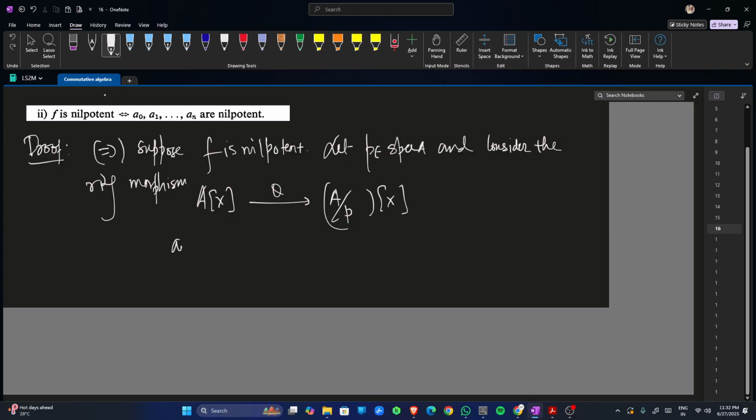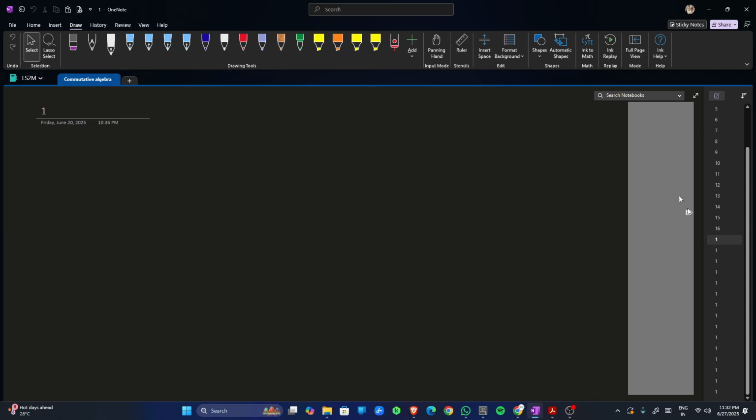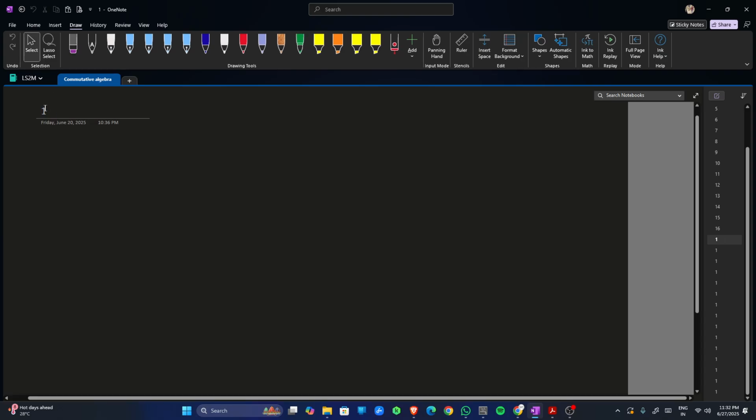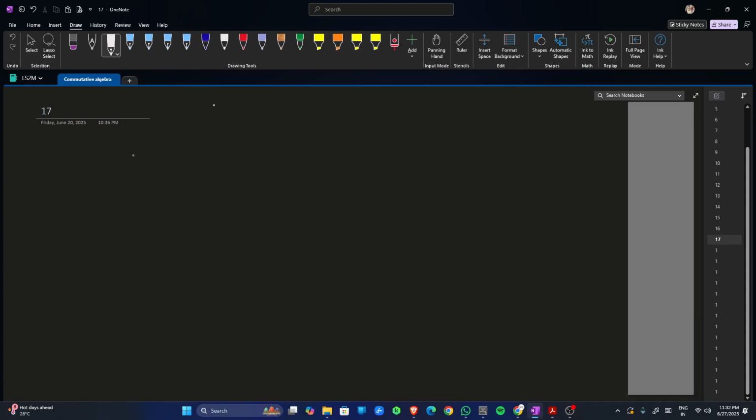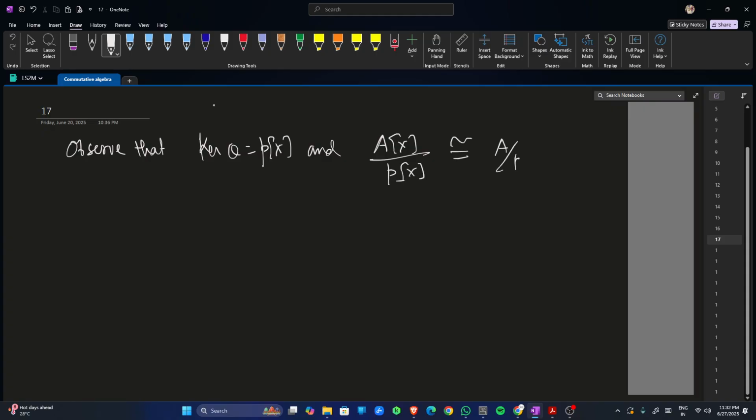Take any polynomial a_0 plus dot dot dot a_n x^n that is mapped to (a_0 plus P) plus dot dot dot plus (a_n plus P) x^n. Observe that the kernel of theta equals P[x], and A[x] mod P[x] is isomorphic to (A mod P)[x].